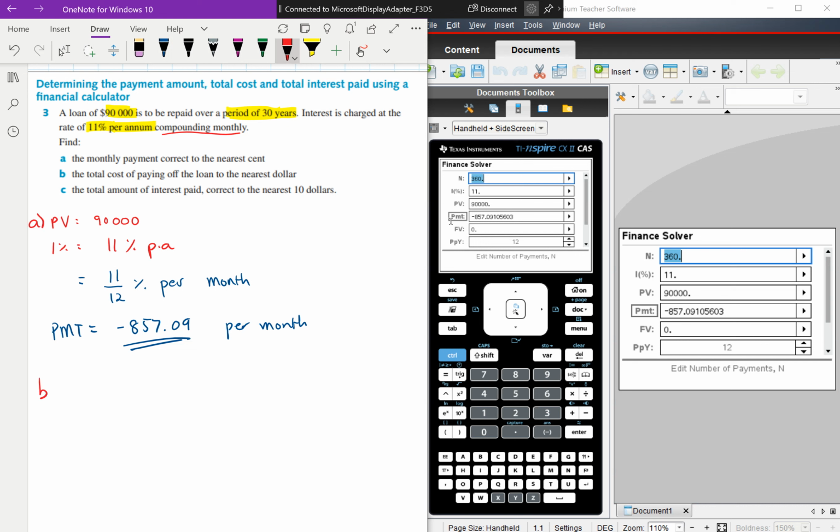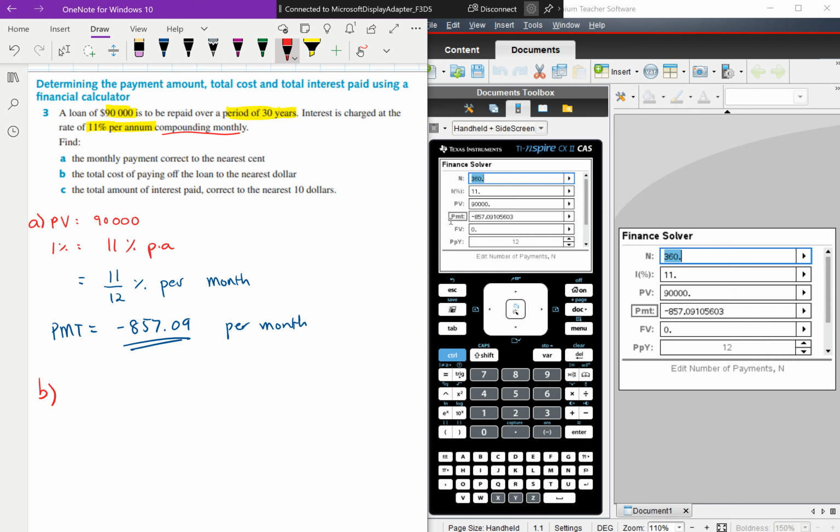B, the total cost of paying off the loan to the nearest dollar. So you want to know after 30 years, paying negative $857.09, how much did you pay in total? How much did you give to the bank? Because remember, you borrowed $90,000, but you're paying them every month, $857 every month for 30 years. So how many times did you pay? 360 times.